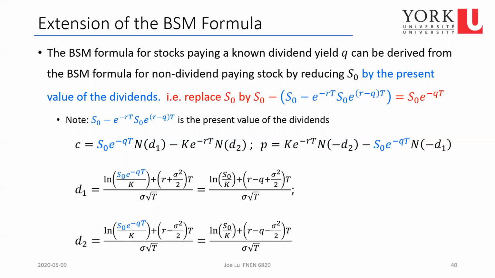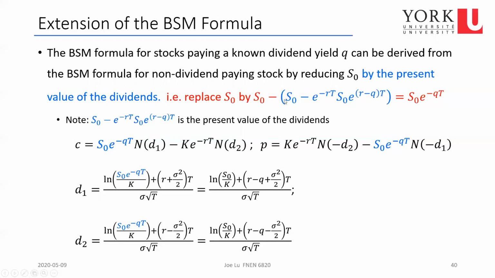And there's another portion of S, which, after taking out the dividend, is going to grow at the risk-free rate. So that portion will be relevant. So basically, that analysis lets us think that we should replace S naught by S naught minus the present value of the dividend.